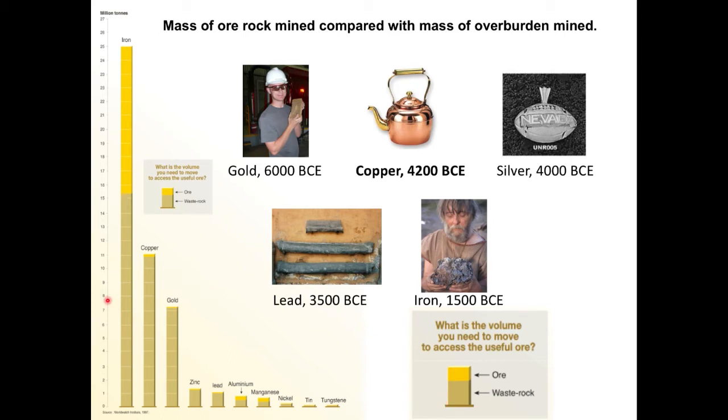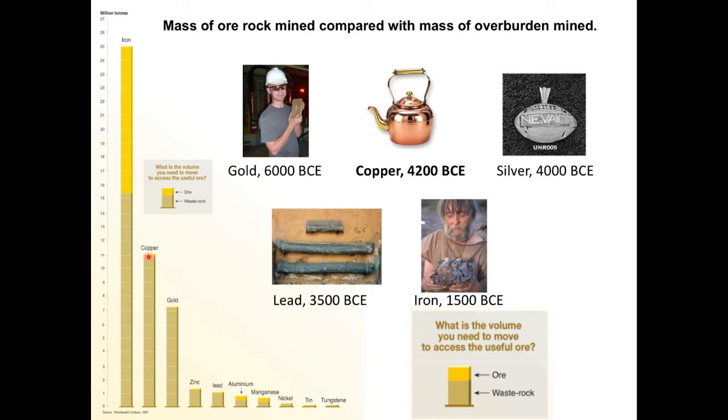And notice that as we move from left to right, if you look at the y-axis, it's in millions of tons. On average, when you're mining an ore body that contains iron, about half of what you actually have to extract and mine is waste rock or overburden, and about half is iron. Look at what happens with copper.